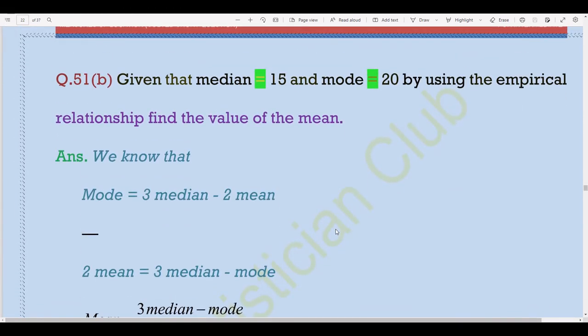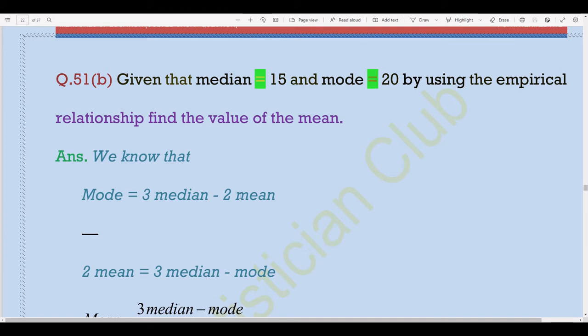Question number 51. Given that median is equal to 15, mode is equal to 20. By using the empirical relationship, find the value of mean. As you know, the formula for the empirical relationship, mode is equal to 3 median minus 2 mean.